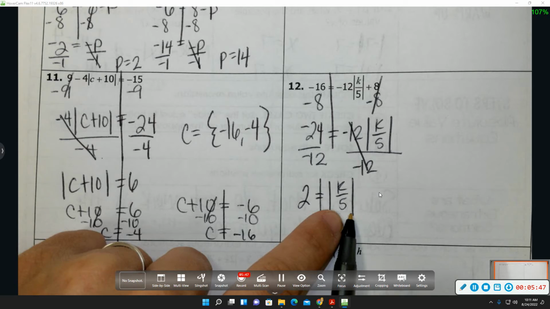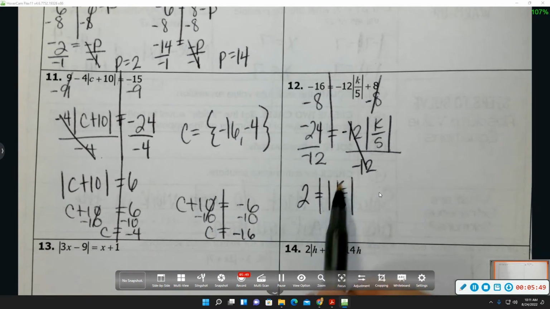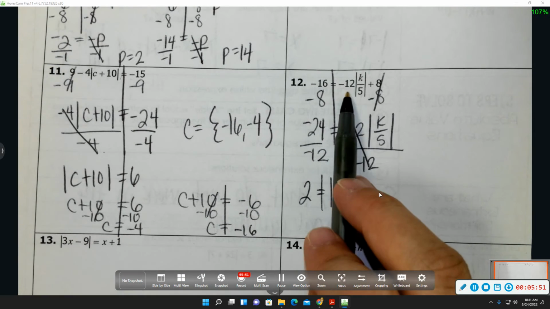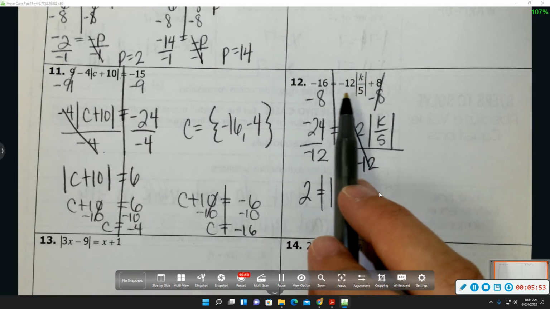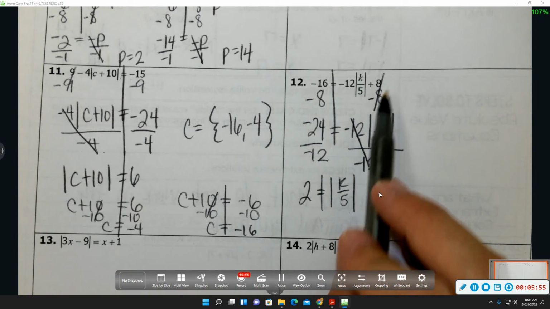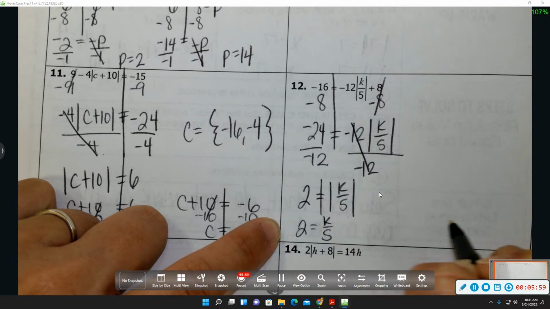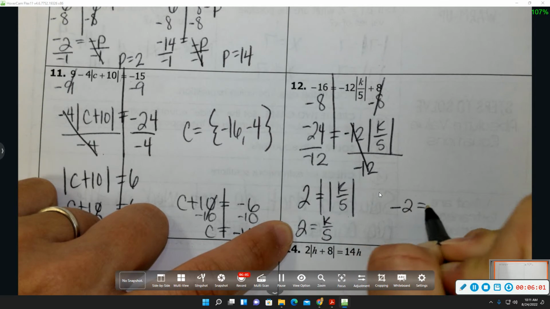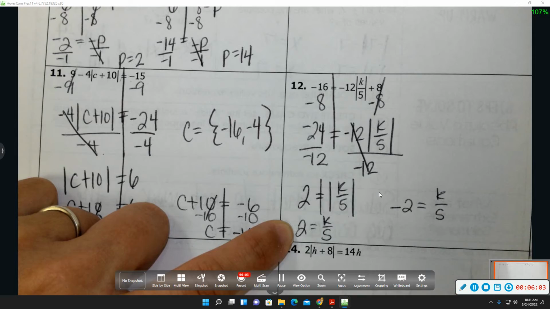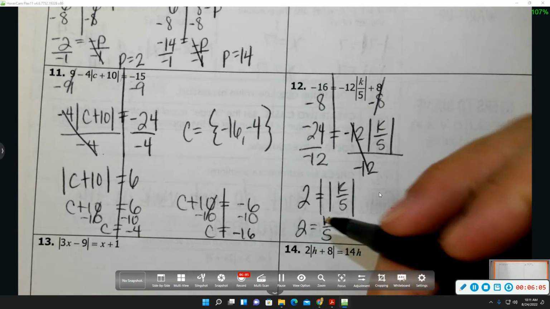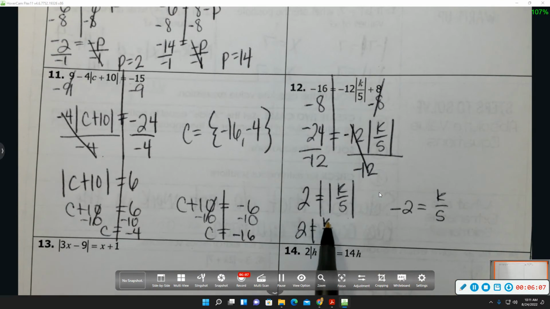Now, there's nothing else outside the absolute value. You got rid of the negative 12 and the 8. So now I can say, okay, 2 is equal to k over 5, and negative 2 is equal to k over 5. This is a division. Whenever you're looking at equation solving, division problem.